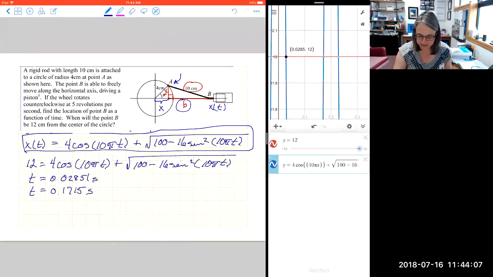And so the difference between that first point and the third point is 0.2, or 1/5 of a second. So the way we write that is we write plus 0.2 k seconds. So every 0.2 seconds, every 1/5 of a second after that. And same thing here.